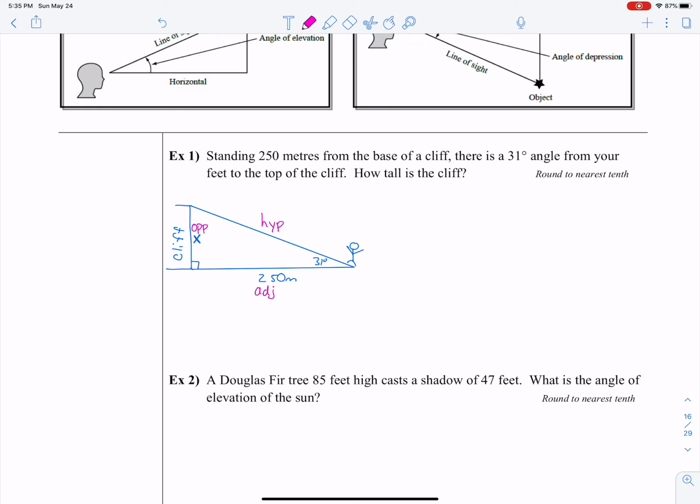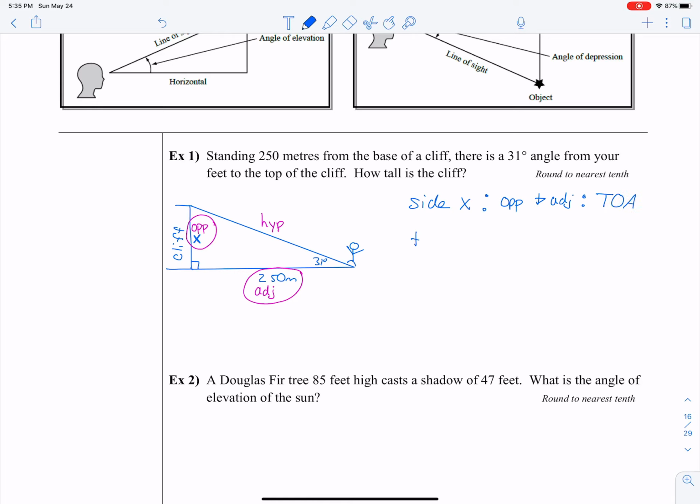Then we are going to circle our information, so we have information here and here. Now we're looking for side x. We have opposite and adjacent as our two pieces of information, and so we can use tan.